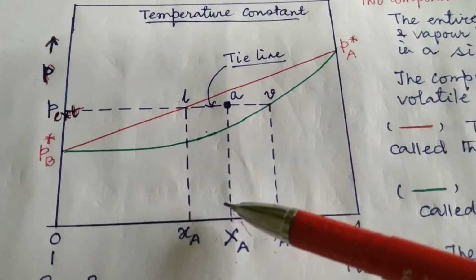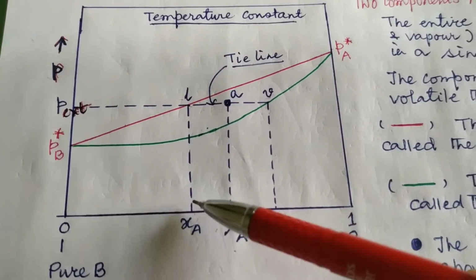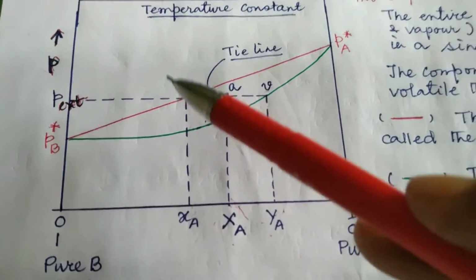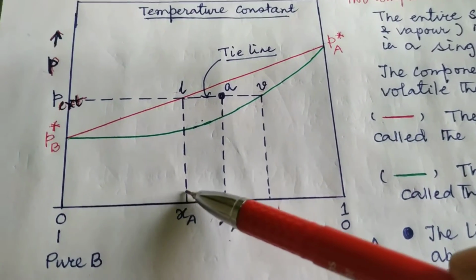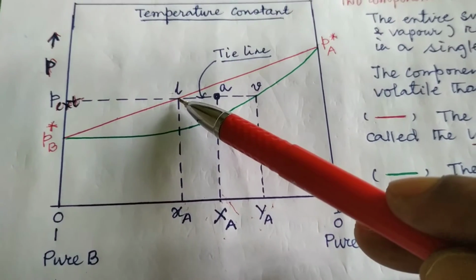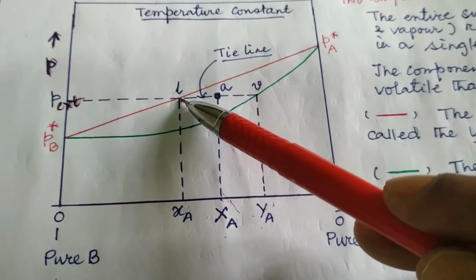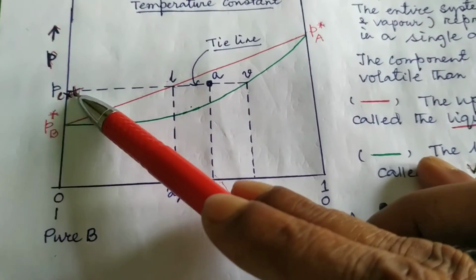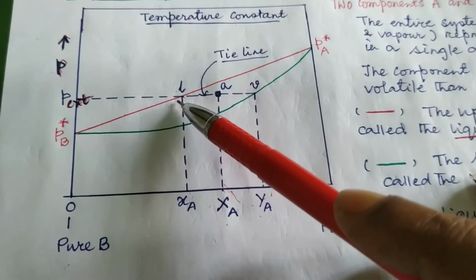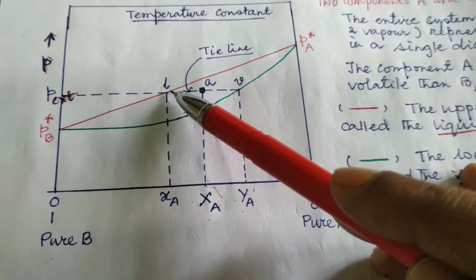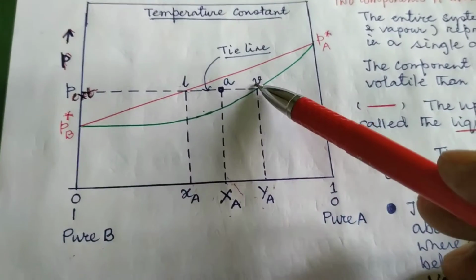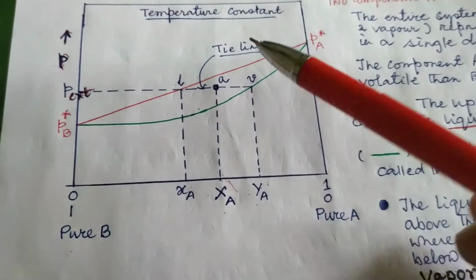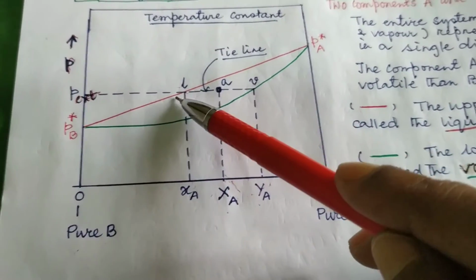If we draw a vertical line from Xa, this will intersect the liquidus curve at L and yield the value of pressure P. So let this be the external pressure P. The horizontal line intersecting the vapor curve gives the vapor composition Ya. This is known as the tie line.